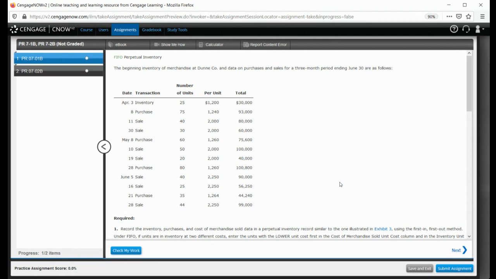Those are the most common methods that management choose from when they choose to value inventory.